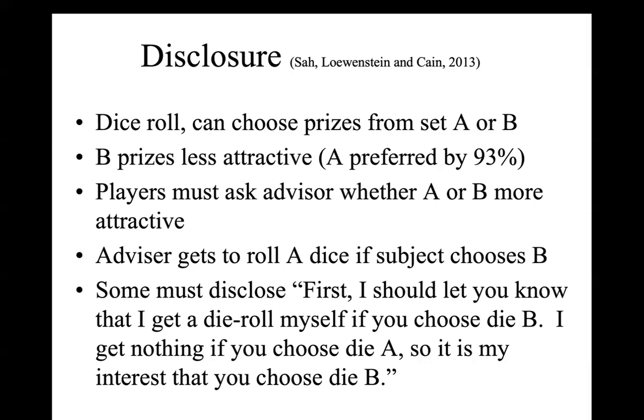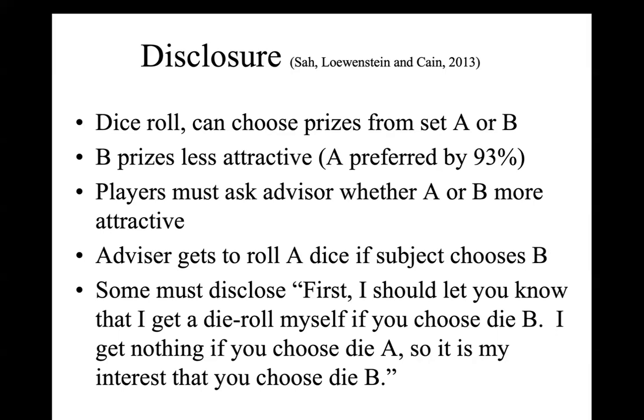The advisor is going to give a recommendation to the client on which die to roll, right? They're going to either tell them you need to roll die A or you need to roll die B. Now here's where things get interesting: the advisor gets to roll a die if the client chooses B, right? So what we're introducing here is an incentive for the advisor to recommend B to the client, even though B has worse prizes.